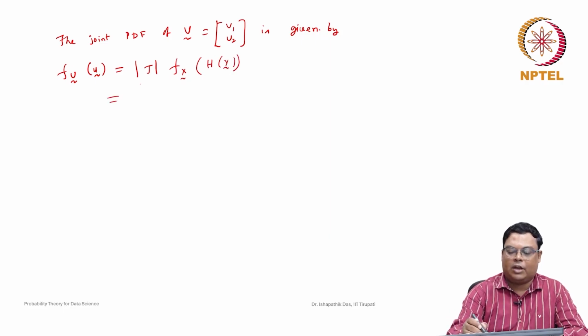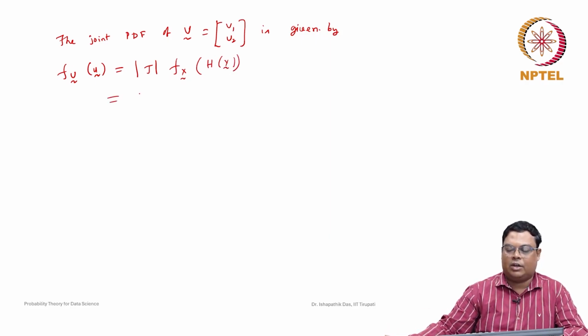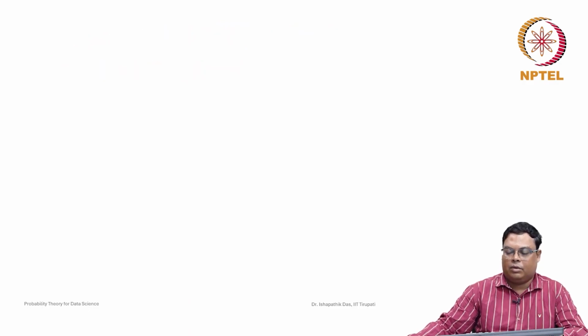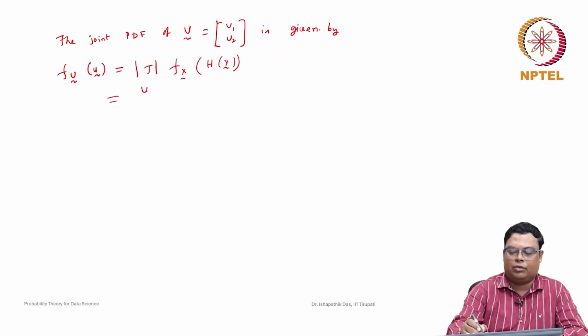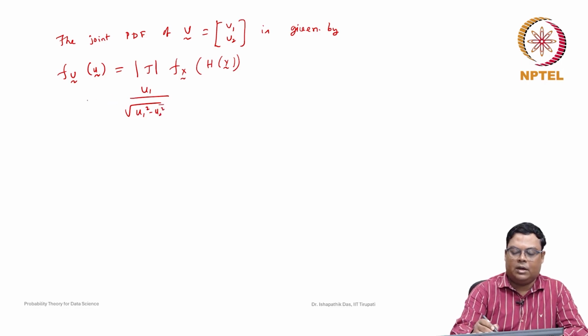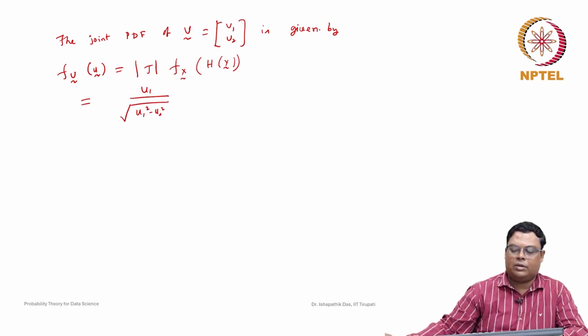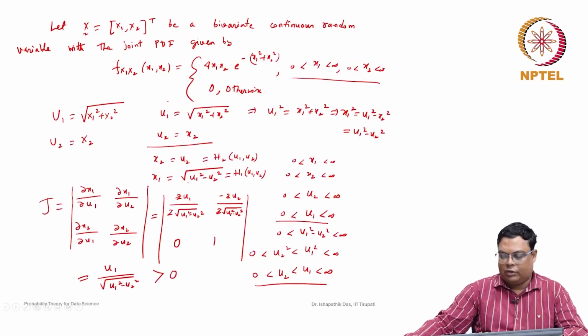Then this Jacobian is nothing but u1 by root over u1 square minus u2 square. So this is equal to u1 by root over u1 square minus u2 square, and then we have to find what is f of x1, x2.